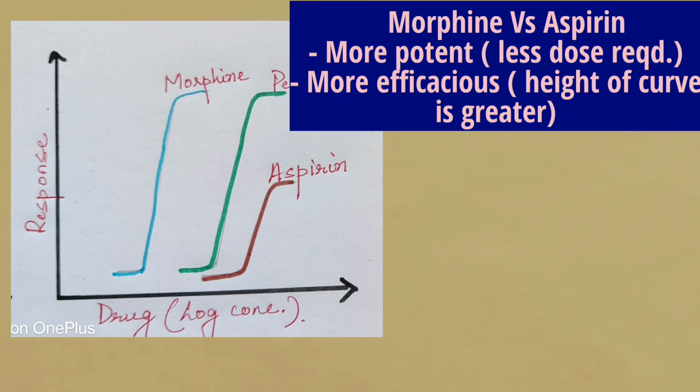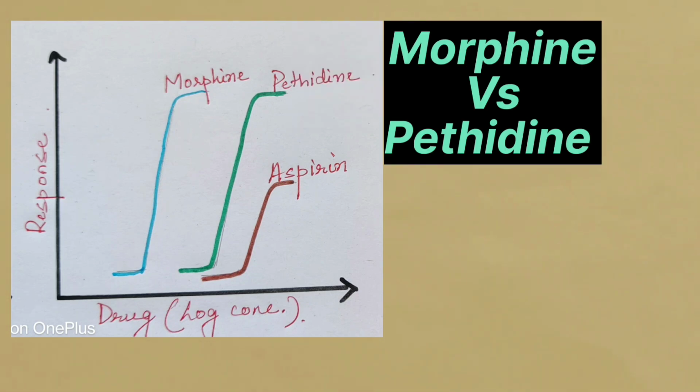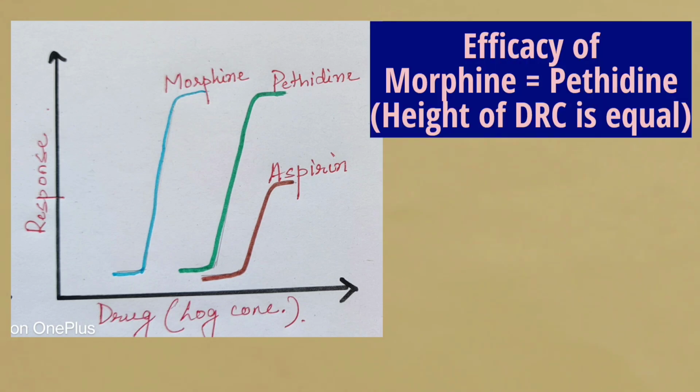It is more potent because less dose is required to produce a given therapeutic effect compared to aspirin, and it is more efficacious than aspirin, which is represented by a higher dose response curve. When morphine is compared with pethidine, morphine is equally efficacious as pethidine.